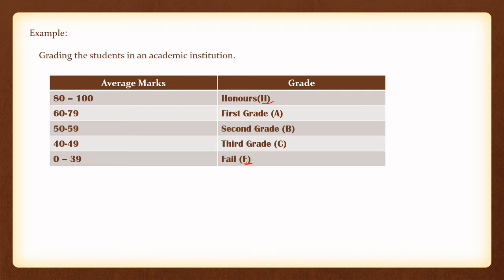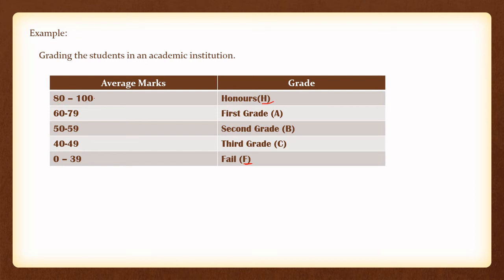So now we are going to implement this concept using the else if ladder. Here multiple conditions are given, and a particular student can score marks in any one of these ranges. For example, a student, maybe Ramesh, may get an average of 85, which falls in the range of 80 to 100.